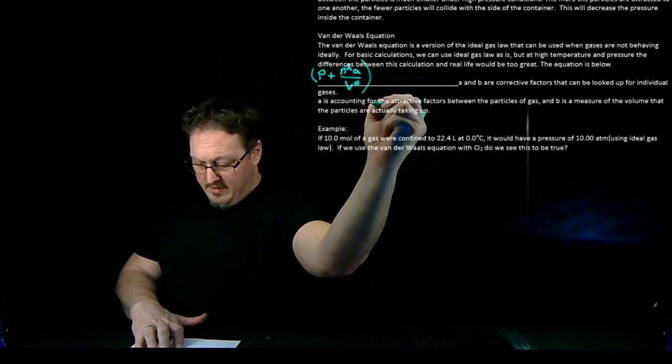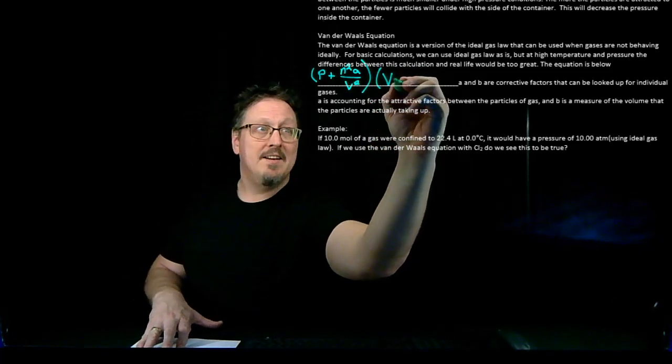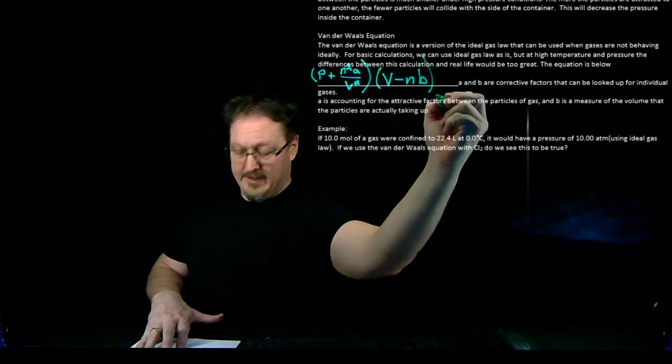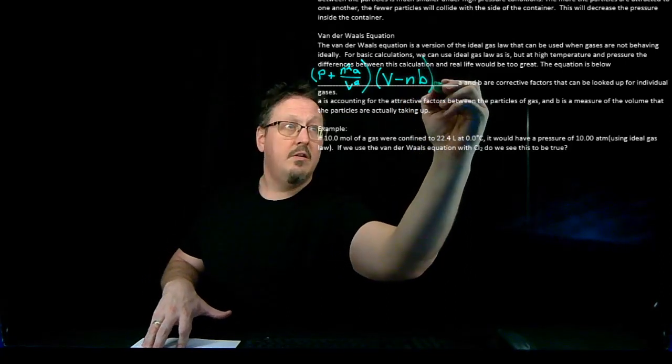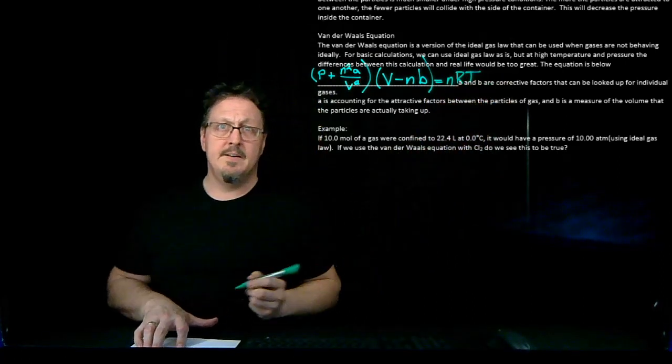That's one of our terms, times volume minus number of moles times B, the other corrective factor, is going to equal number of moles times the ideal gas law constant times T.